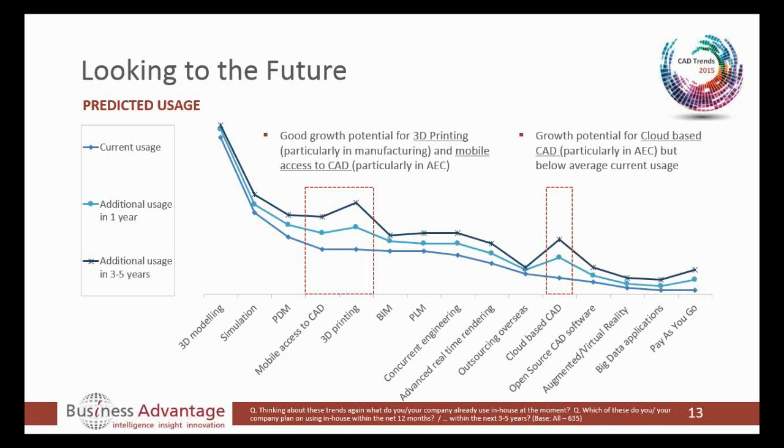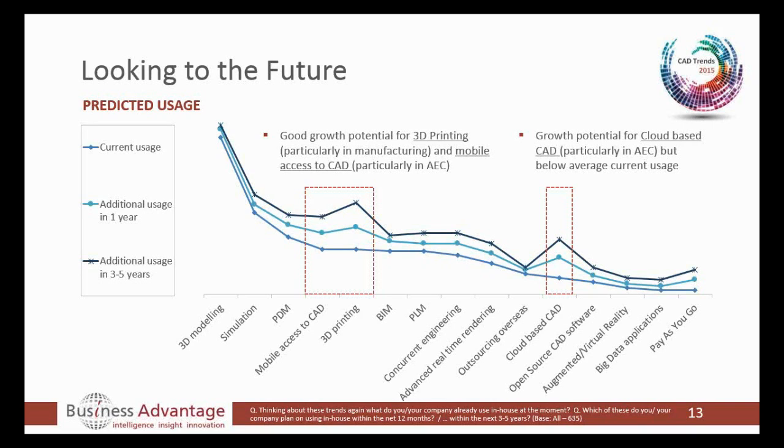We find this particular chart very interesting because it does look to the future. We've put the current usage as a baseline, and then we have plotted the additional usage that's planned within 1 year, and then the additional usage over a 3 to 5 year period.